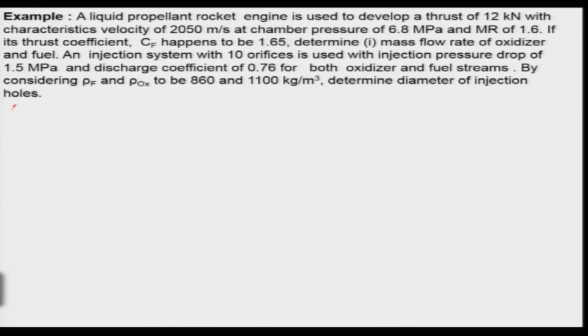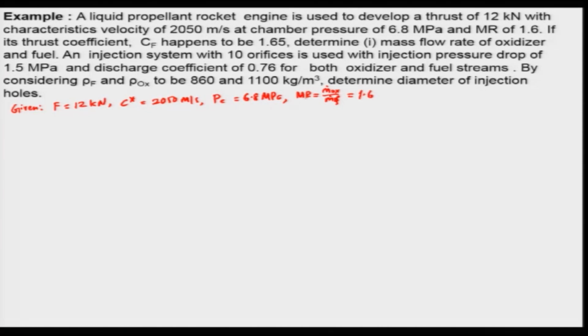The thrust F is 12 kilonewton, the characteristic velocity C star is 2050 meter per second, chamber pressure is 6.8 megapascal, and the mass ratio, which is the mass flow rate of oxidizer divided by mass flow rate of fuel, is 1.6.